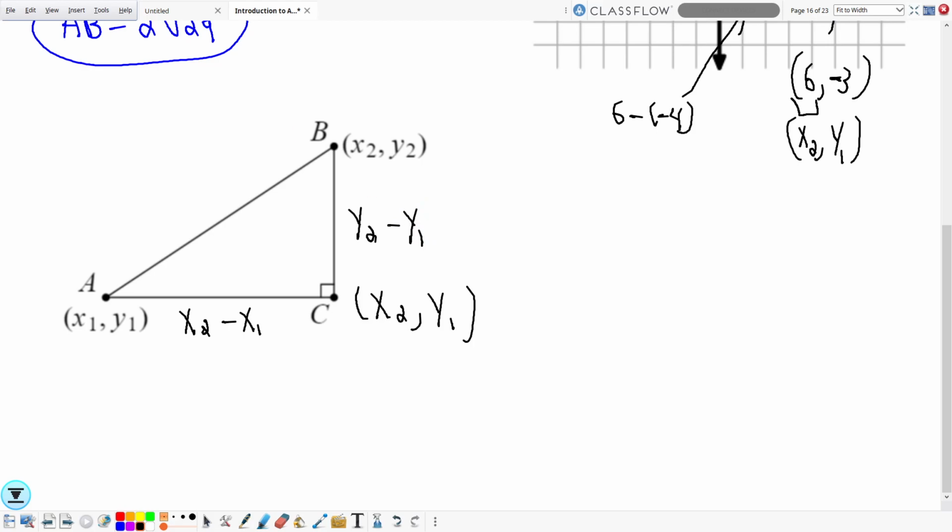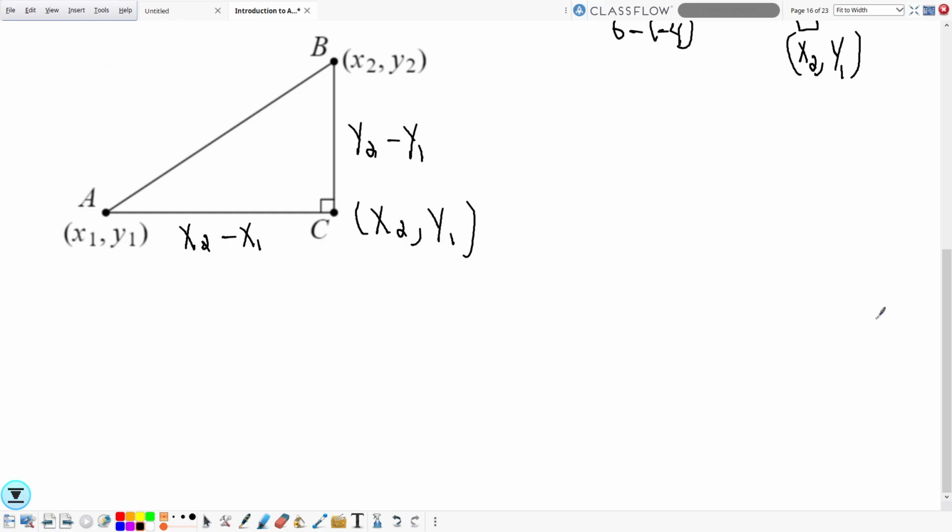Alright, hopefully that was pretty clear. I know it's a lot of wordy mumbo jumbo, but hopefully it makes sense. So now we've got this beautiful right triangle we can work with. We set up the Pythagorean theorem. AB is our hypotenuse, so AB squared is equal to AC squared plus BC squared.